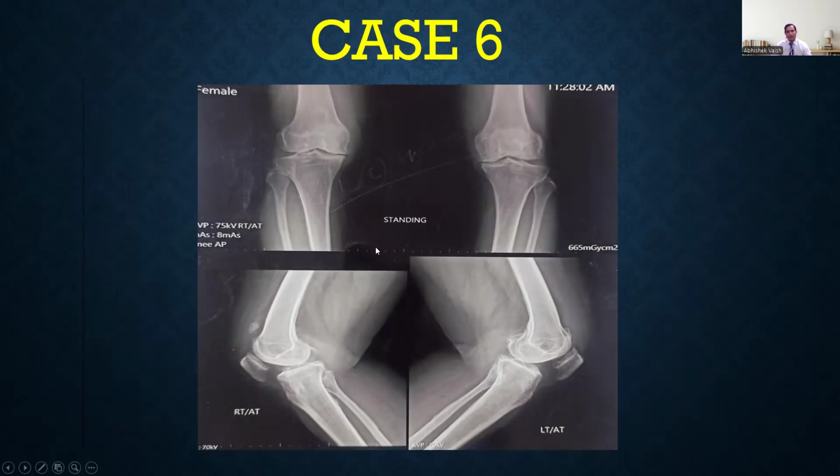The knee is like bow legs, and there is grade 4 osteoarthritis. The bone is touching the bone on both sides. In the lateral view, you can see some loose body in the suprapatellar pouch, and the patella and the femur are also rubbing each other, indicating a tricompartmental osteoarthritis of the knee joint, grade 4.